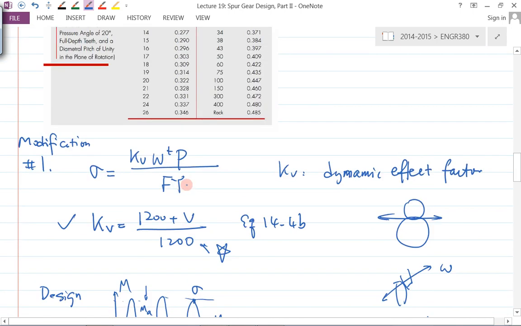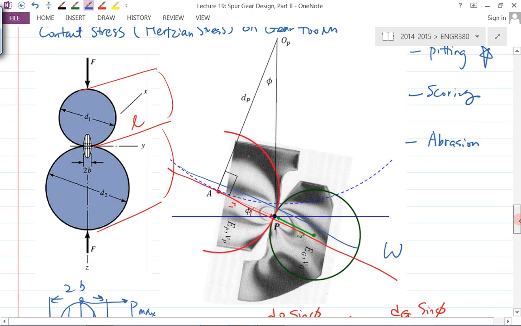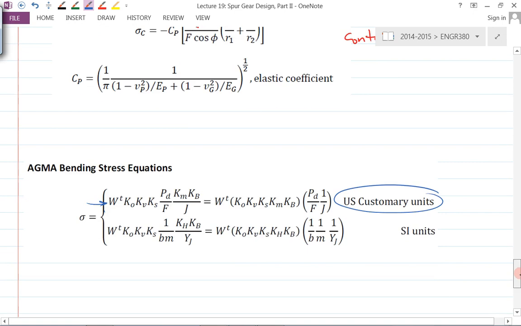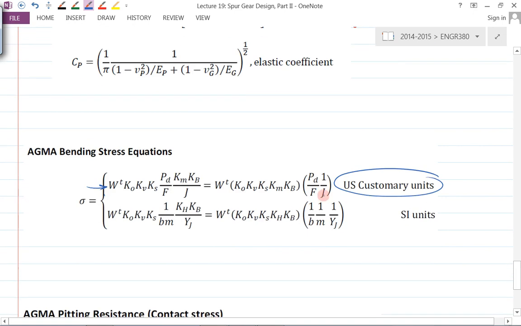Observe one thing. For the Lewis equation, the denominator is y, right? But in AGMA here, instead of using y, they're using j. See that, right? Now remember one thing I mentioned.